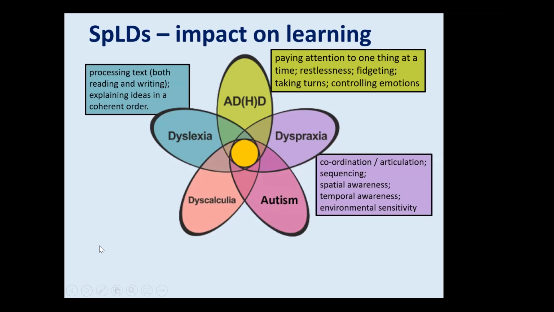Dyspraxia, I'm sure you're also familiar with this. It's about the sequencing of movements, shows up quite a lot in coordination. We might see it in handwriting, but again, to be honest with you, most of my ESOL learners, their handwriting is at the early stages. So it's hard to tell if their handwriting is affected by dyspraxia. You sometimes find it affects articulation as well.